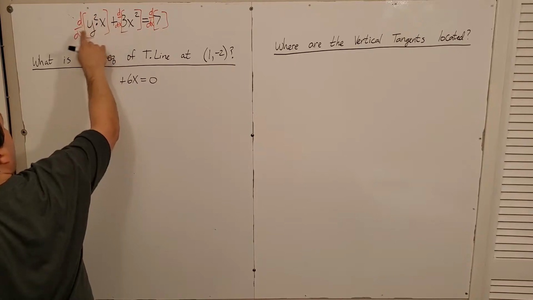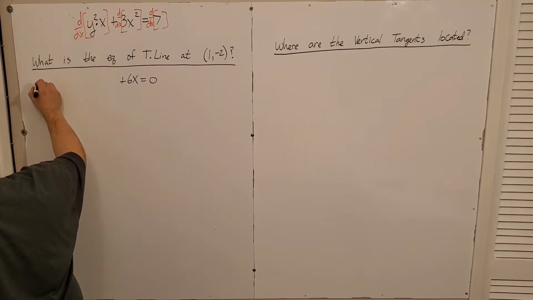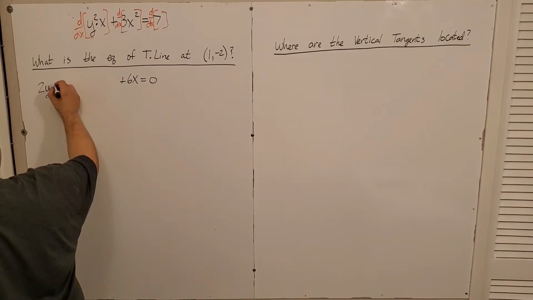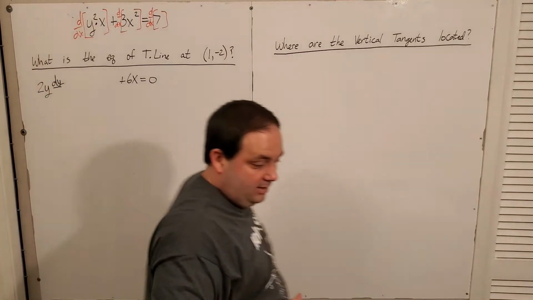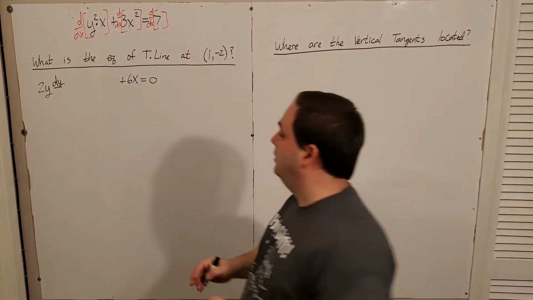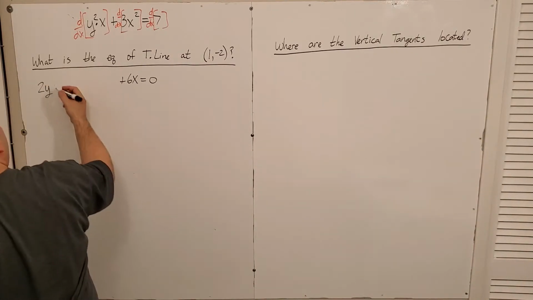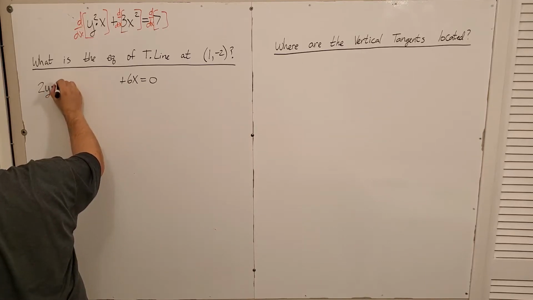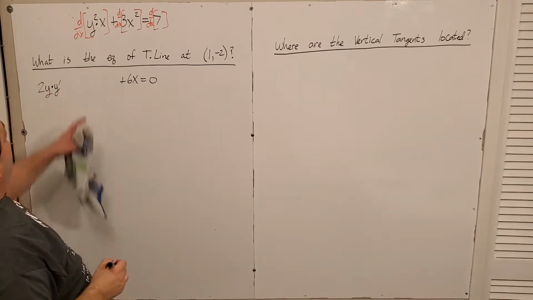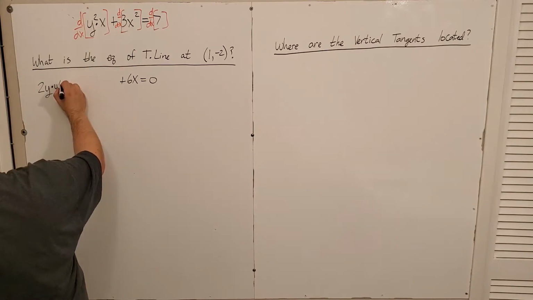The derivative of y squared is going to be 2y times dy dx. Or no, that's right, we said this time we're going to do y prime, right? Okay. So as I promised, 2y times y prime. And then the x is along for the ride in that case, times x.